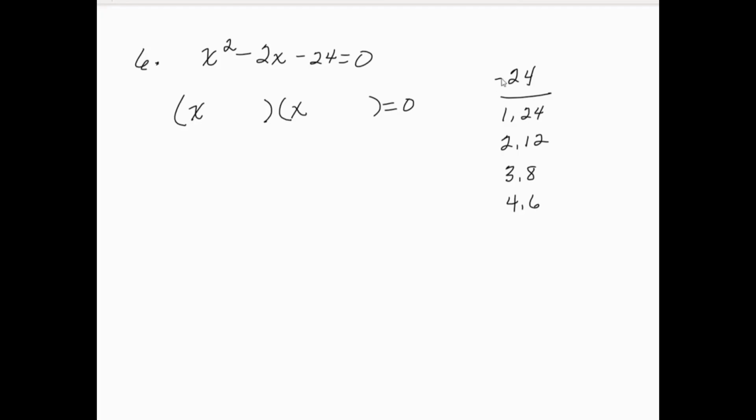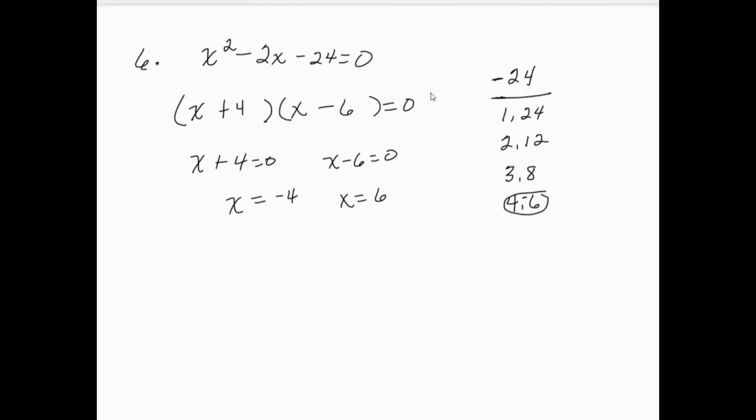And actually I want them to multiply to give me a -24. So that means one of the numbers has to be positive and the other has to be negative. And if I want these numbers to add to give me -2, then what I want to do is choose 4 and -6. So positive 4 and -6. So x plus 4 equals 0, x minus 6 equals 0. So x equals -4, or x equals +6.